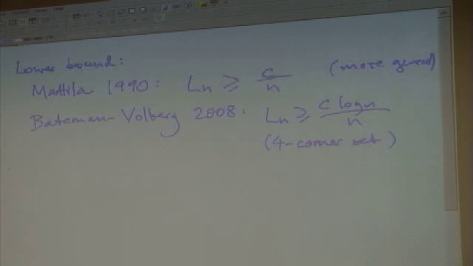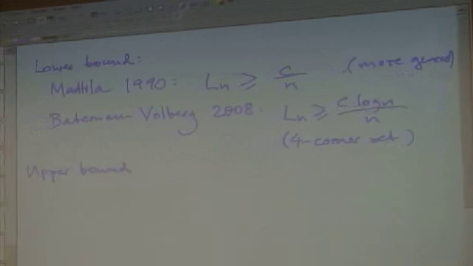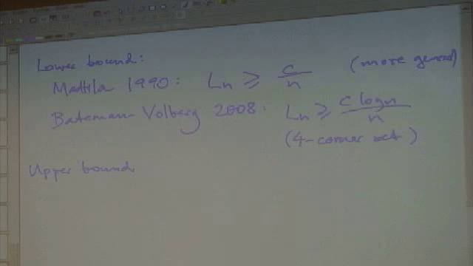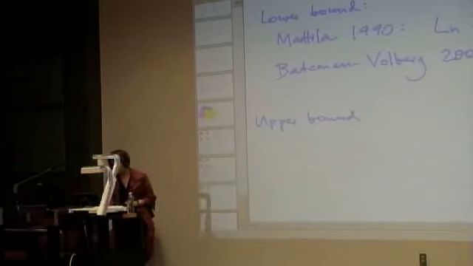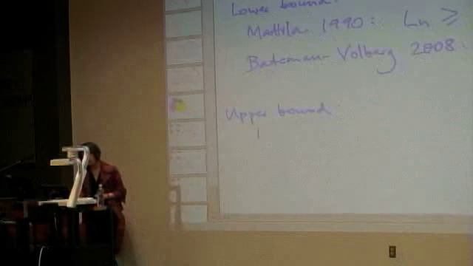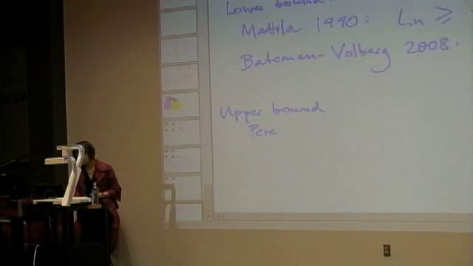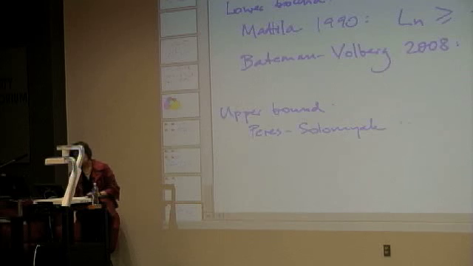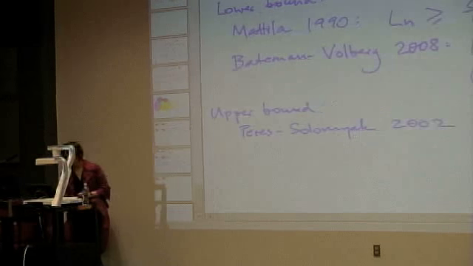The question that I was working on was the upper bound. Now, for a long time, pretty much nothing was known in terms of quantitative bounds. The first such bound was proved by Perez and Solomiak. That was around 2002.